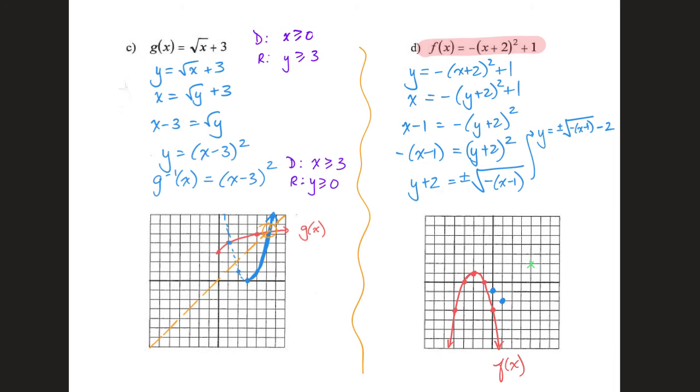Reflected across the y-axis, right 1, down 2. I can now connect those points, knowing the shape of a square root function, and I get something like that.